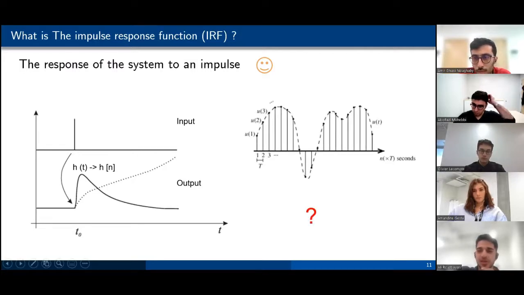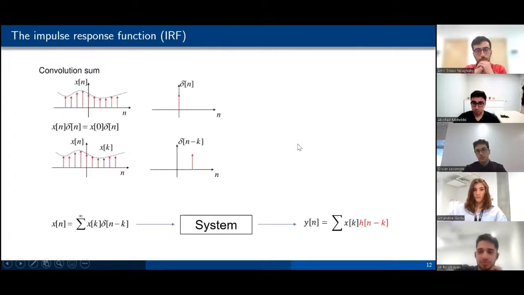Although we only have the output of a single impulse, which is the IRF or impulse response function, we can actually describe any arbitrary input as a summation of a bunch of these tiny impulses. And since we assumed linearity and time invariance in our system, we can find the response by summing the impulse response function through the time domain of this input.